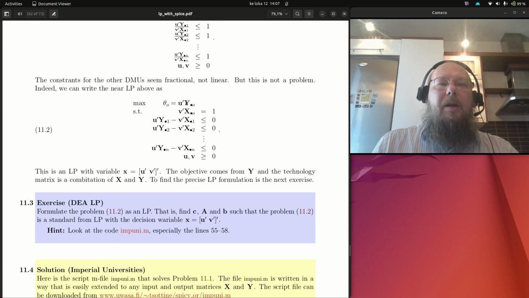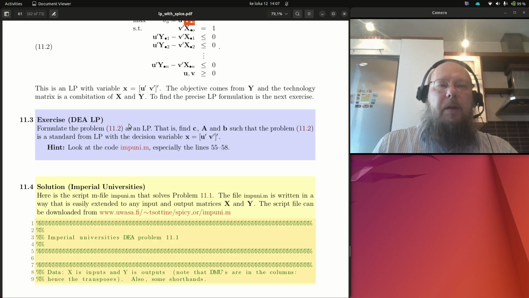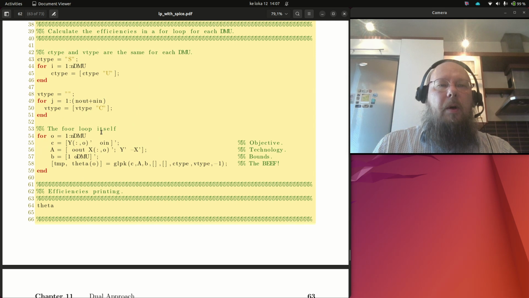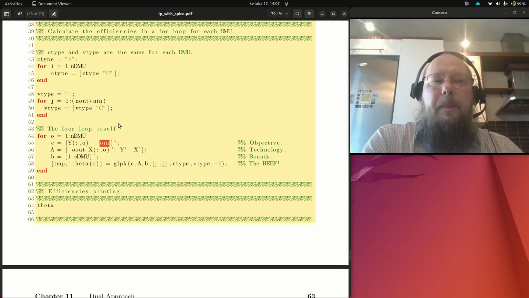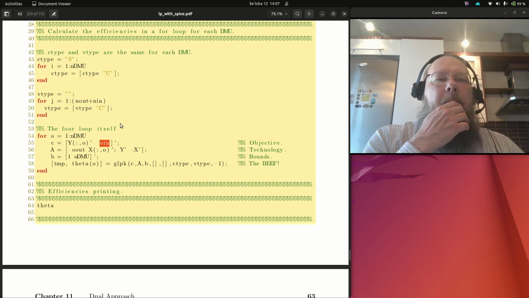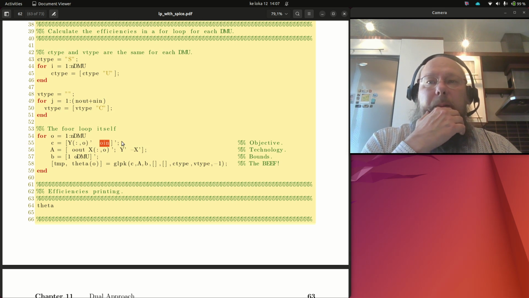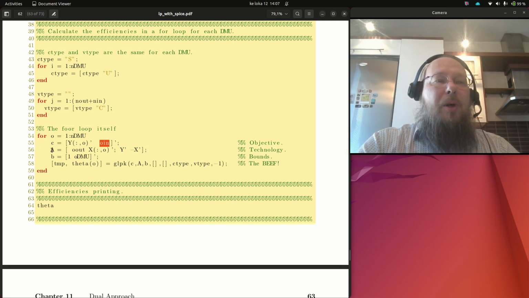The output weights for o are this, and then I append the right amount of zeros after it. That was relatively complicated. And wait, it gets better. The next one is probably the most complicated thing we have had so far in the course. So what is the matrix A?